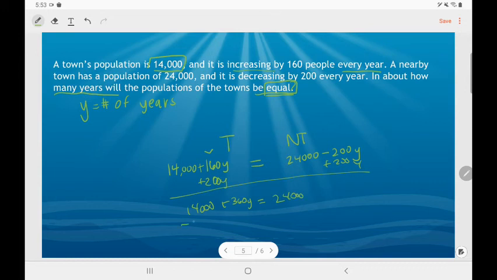I'm going to subtract 14,000. Make sure you write down the right number of zeros. And I have 360y is equal to 10,000.